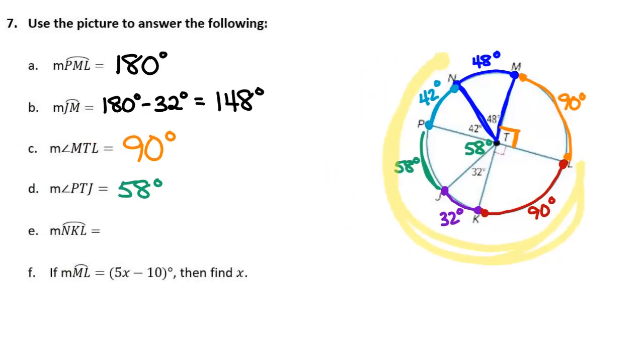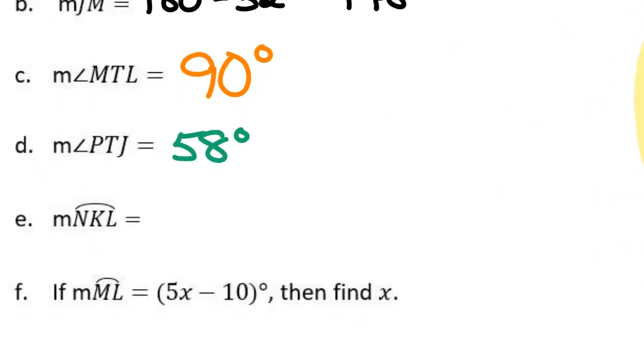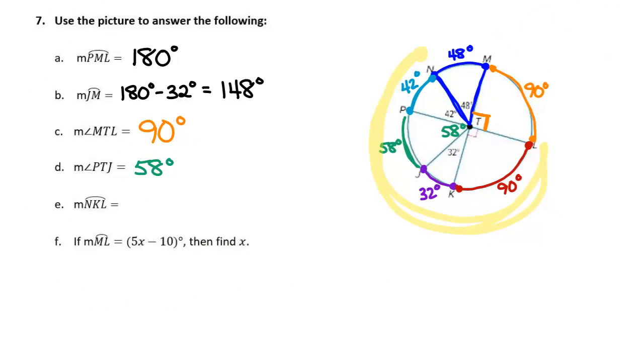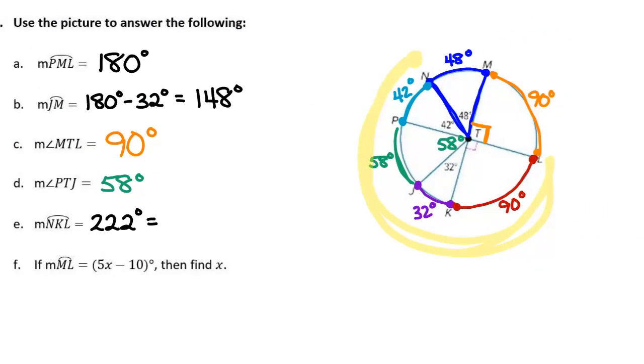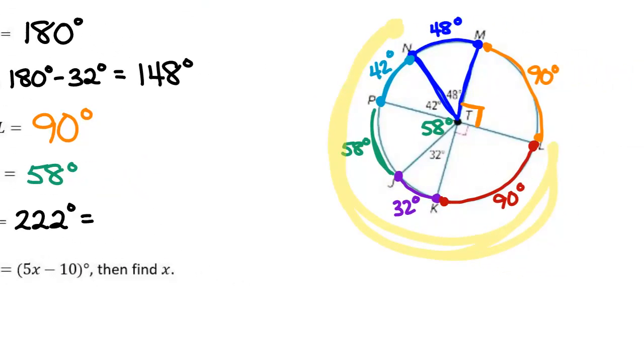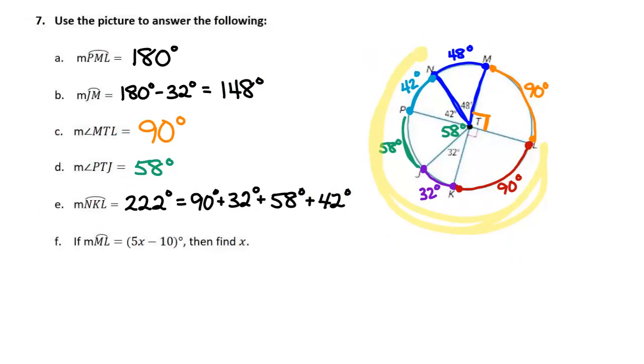It's not 228, but you're very, very close. 222. How do we get that? Yep, we're going to add 90 plus 32 plus 58 plus 42. Gives me 222.